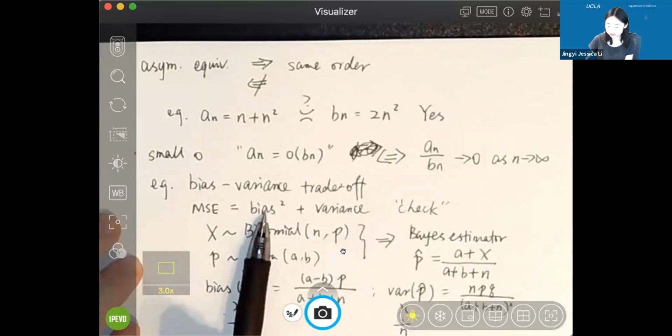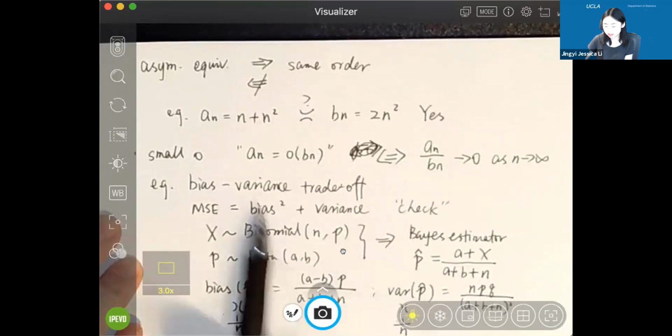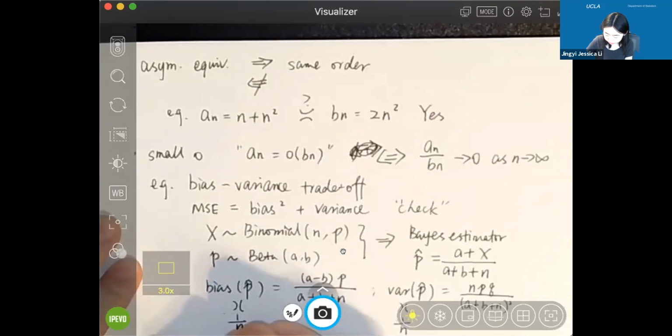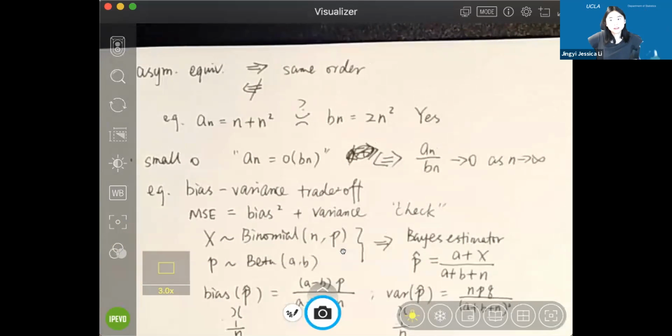When we square the bias, its convergence rate to 0 will be faster, but the variance rate will be slower. So the slower rate of convergence to 0 will dominate the MSE. So the MSE is dominated by variance.